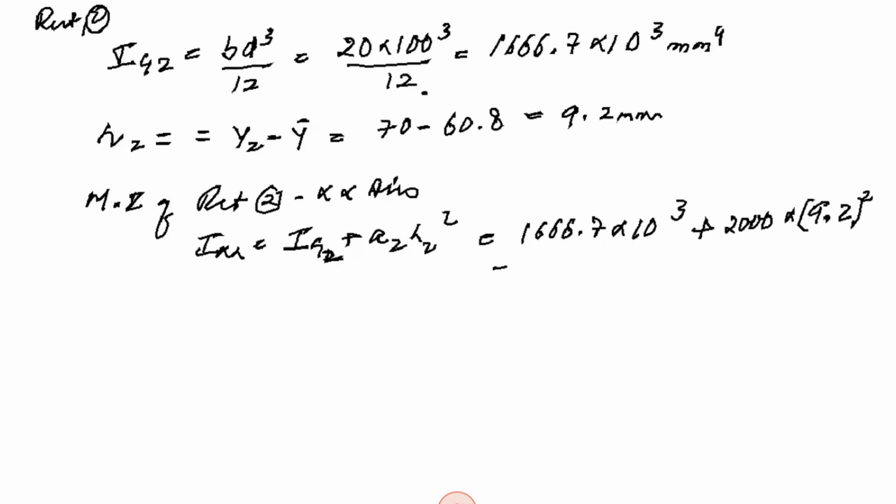That comes out to be 1836 into 10 raised to the power of 3 mm4. This is your moment of inertia of rectangle 2 about the x-axis.